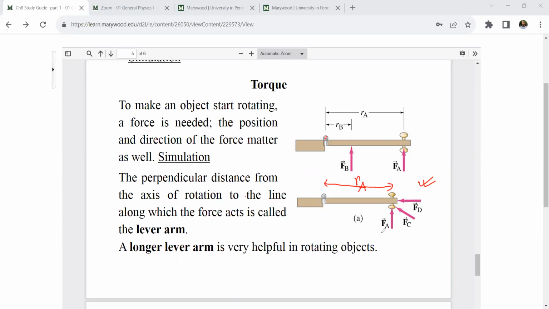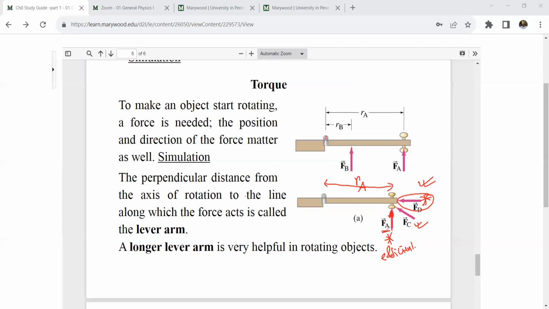From our everyday life experience, we can see that this is more efficient, right? When we apply the force in this direction, we can open the door efficiently. We cannot even open the door if we apply the force in this direction. So this is less efficient. FC is okay, but it's not as efficient as FA.